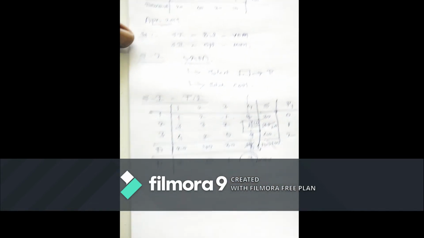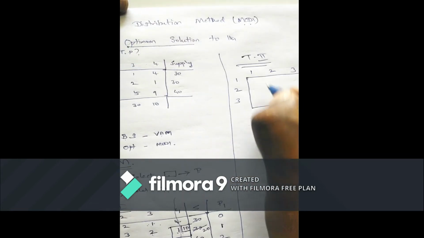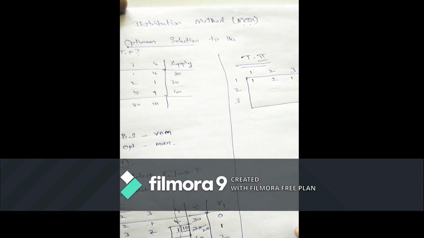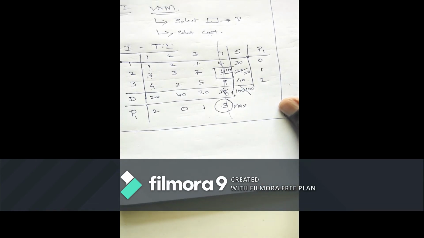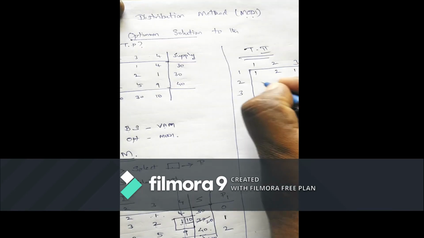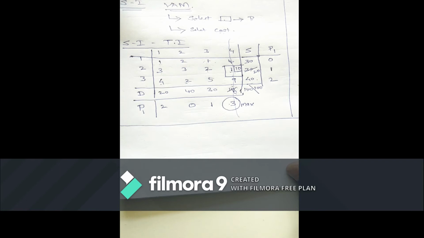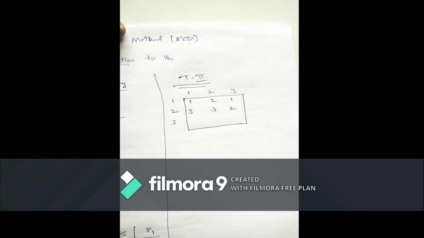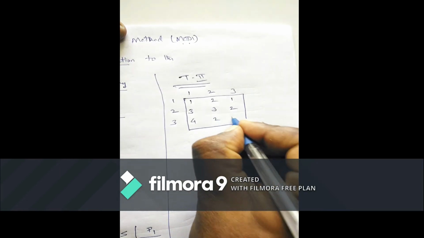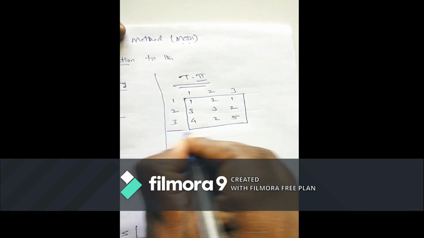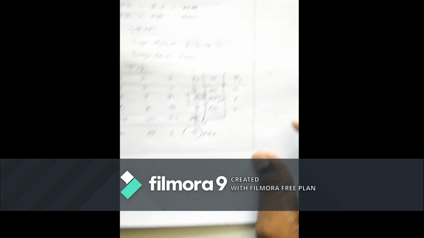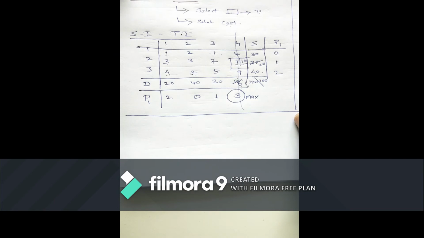Okay, values are 1 to 1, 3 3 2 and 4 to 5, 4 to 5. Okay, and my demand 20, 40, 30.